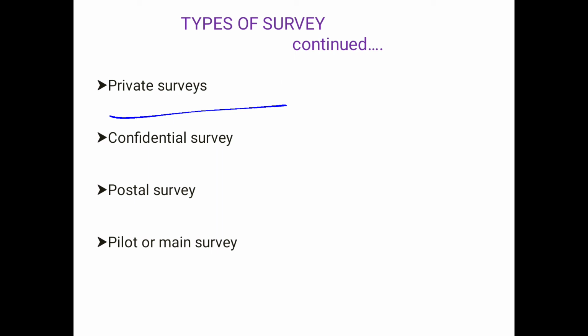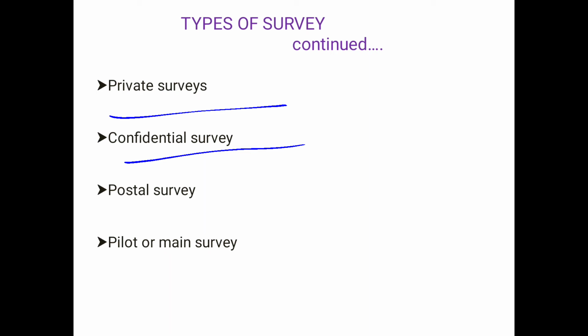This is a major difference between private and public surveys.